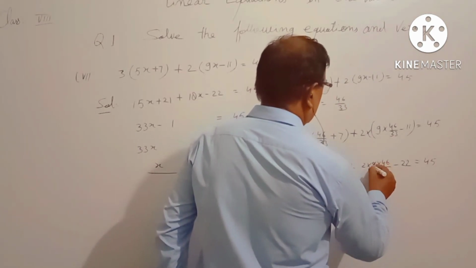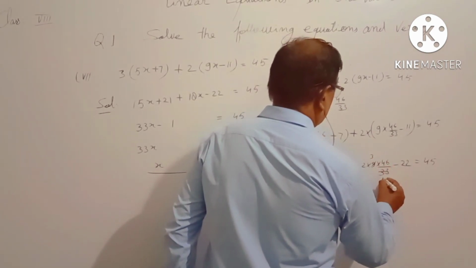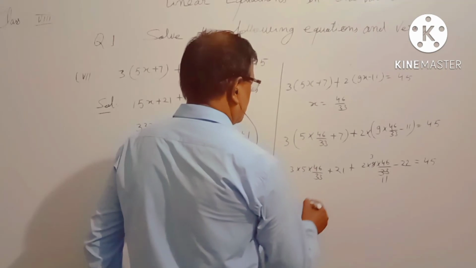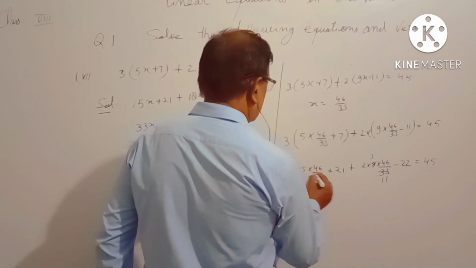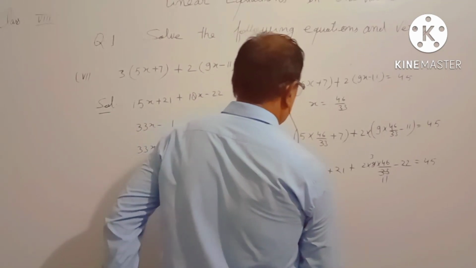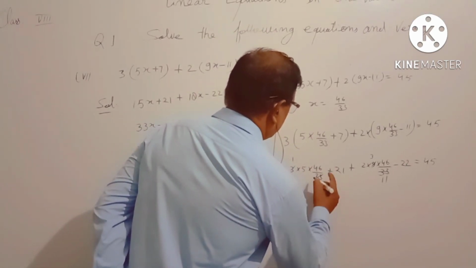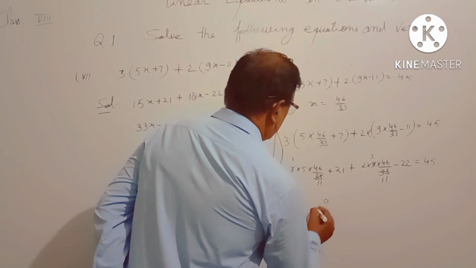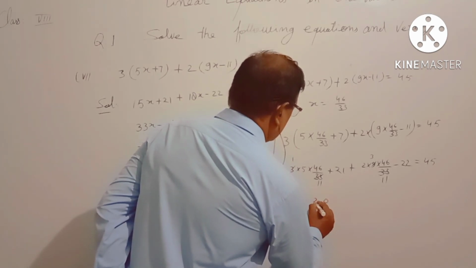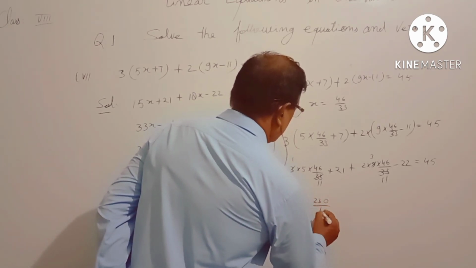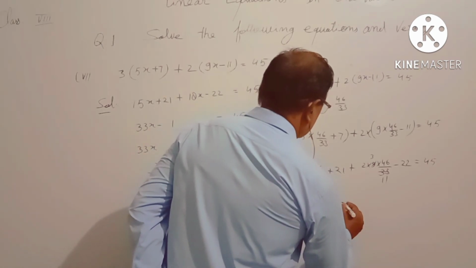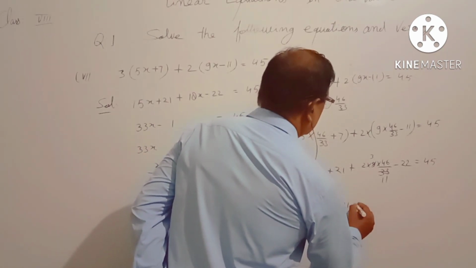Now 3 3 the 9, 3 1 1. Now we see here 3 1 3 1 1. Now 5 into 46, 5 6 the 30, 5 4 the 20. It will be 23 by 11 plus 21.